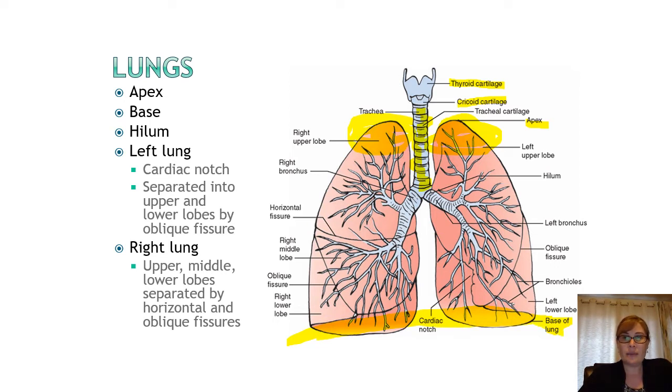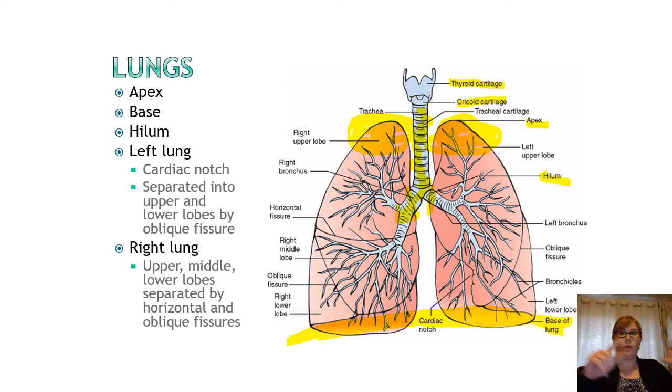So then we have the hilum right here. And a hilum is a location similar to the root, but this is where things actually plug into the lung. I don't have a picture of that at the moment, but in your book on page 832, letter B, you'll see that labeled hilum.